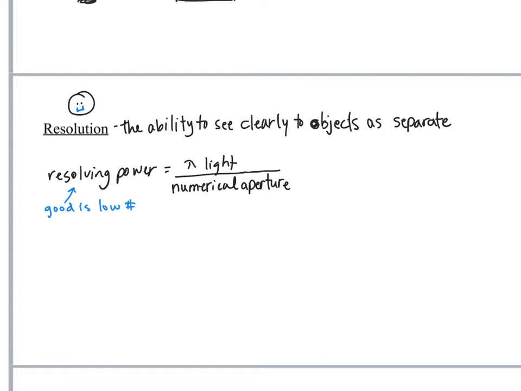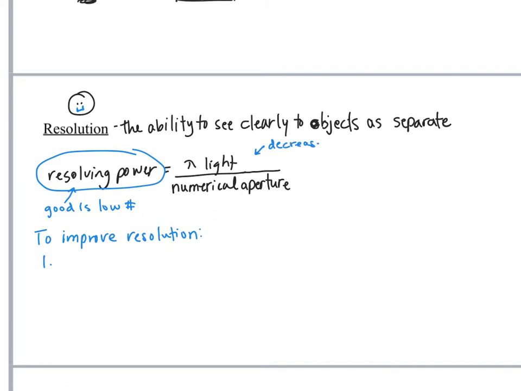So to improve resolution, what could we do? Well, we can mess with the wavelength of light, or we can mess with the numerical aperture a little bit. If we want to make this fraction a smaller number, we can either decrease the numerator or increase the denominator.